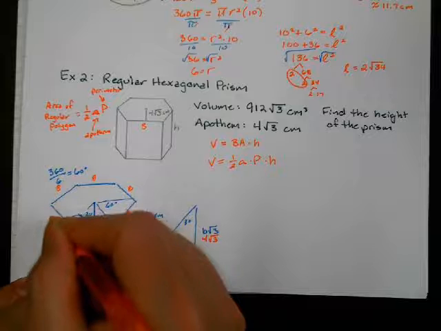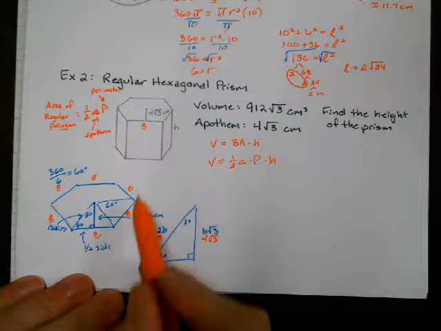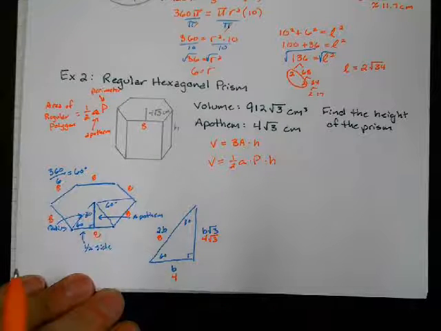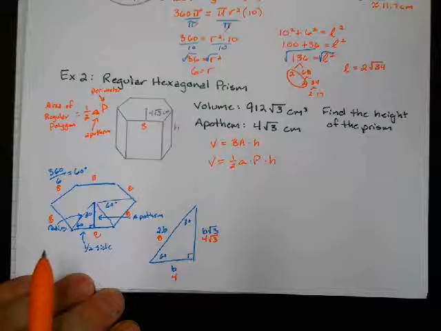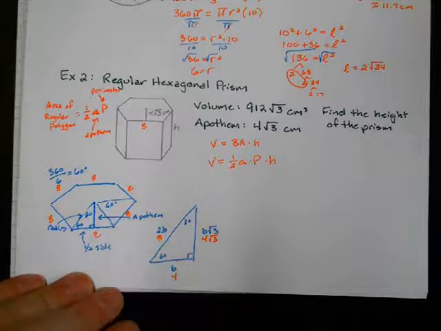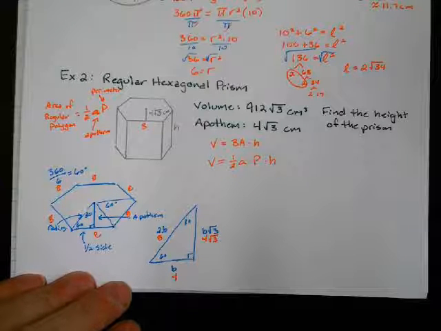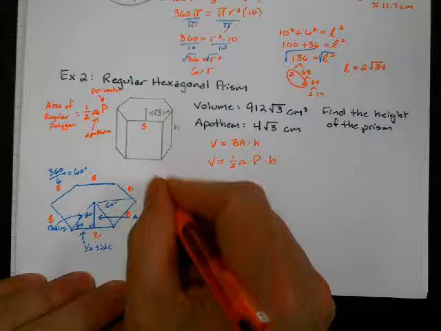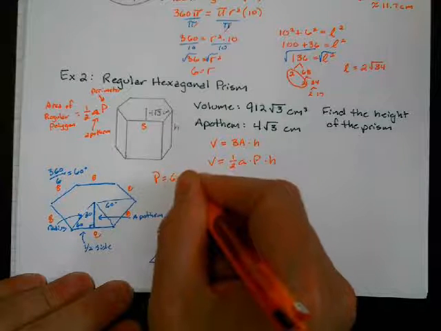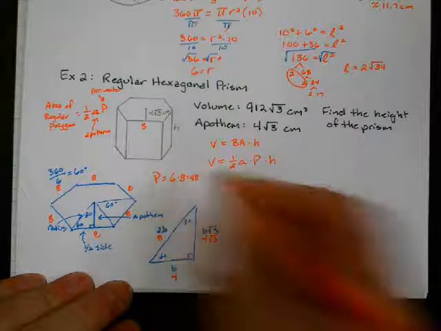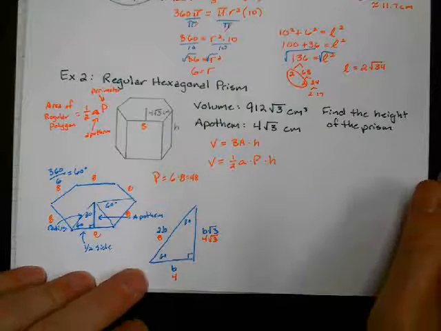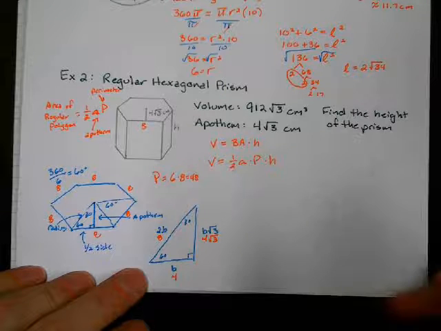We've got 1, 2, 3, 4, 5, 6 8s. So the perimeter of that hexagon is 6 times 8, which is 48. All right, we now have everything that we need to do volume. They told me it's 912 root 3.